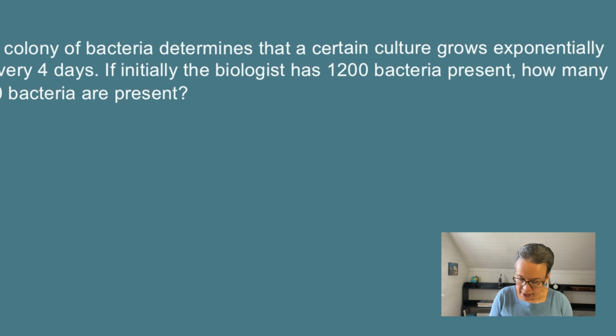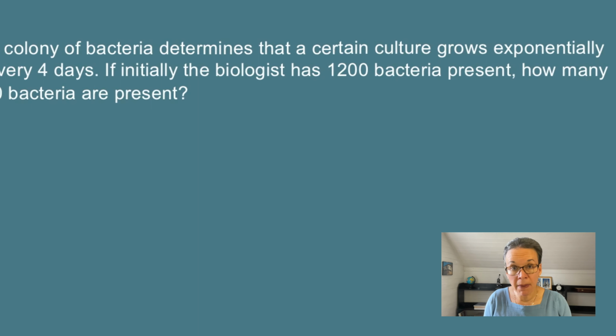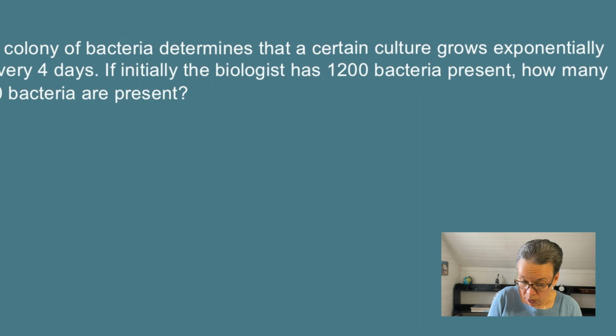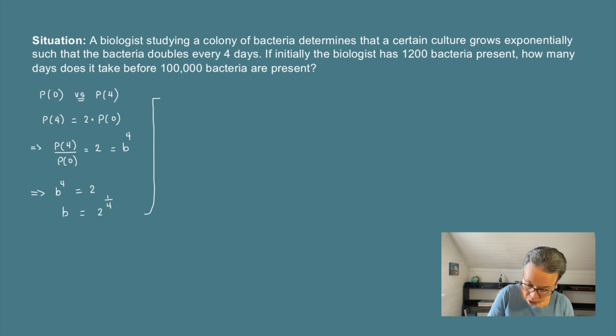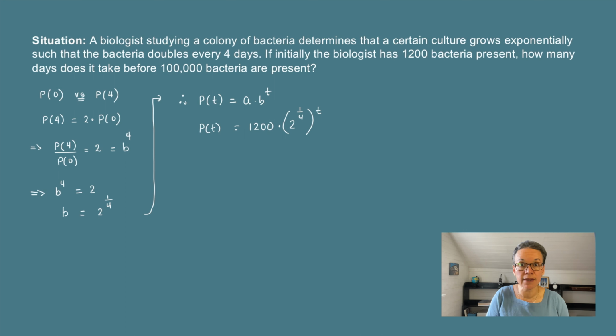And look at this. They also gave me the initial amount of bacteria, 1,200. So I practically have the complete model. Now I know that P of t, which should be a times b to the t, is going to be equal to 1,200 times 2 to the 1/4 to the t.